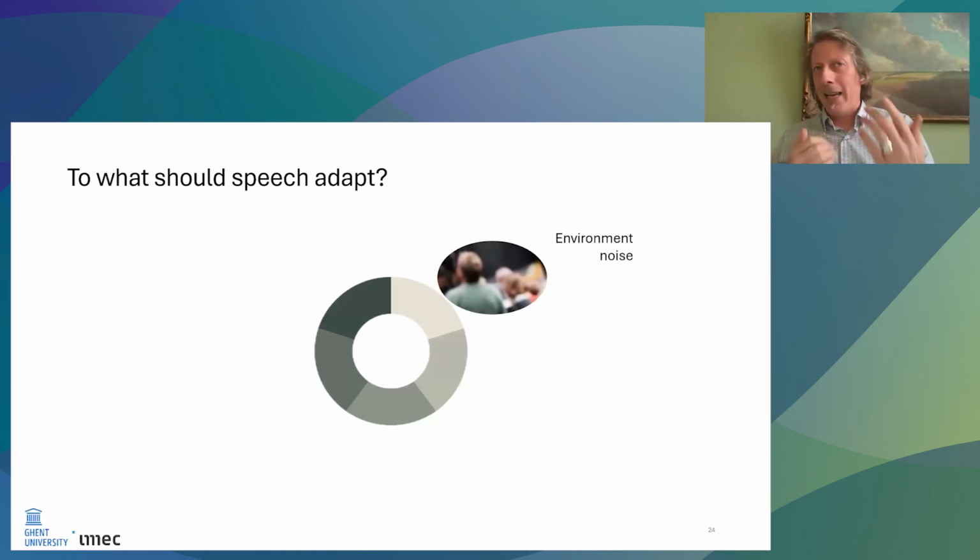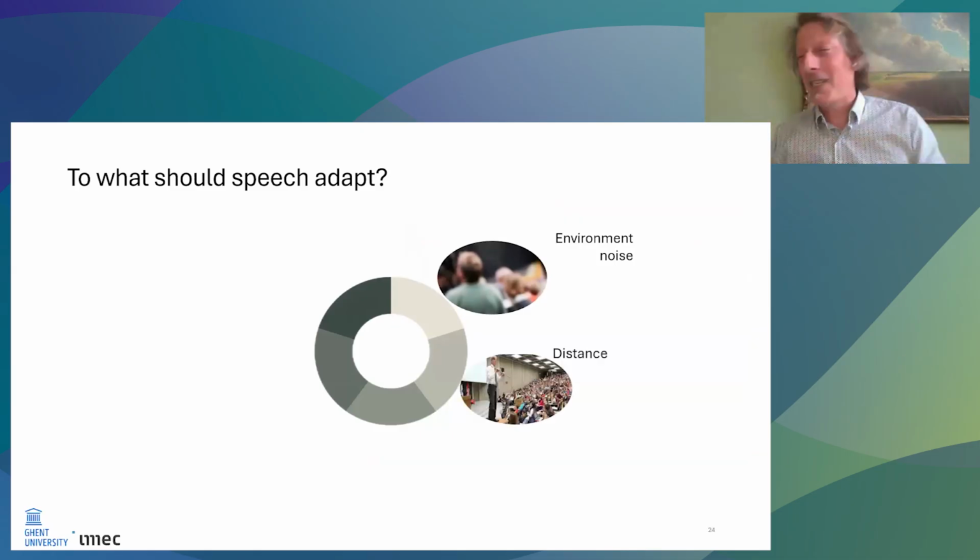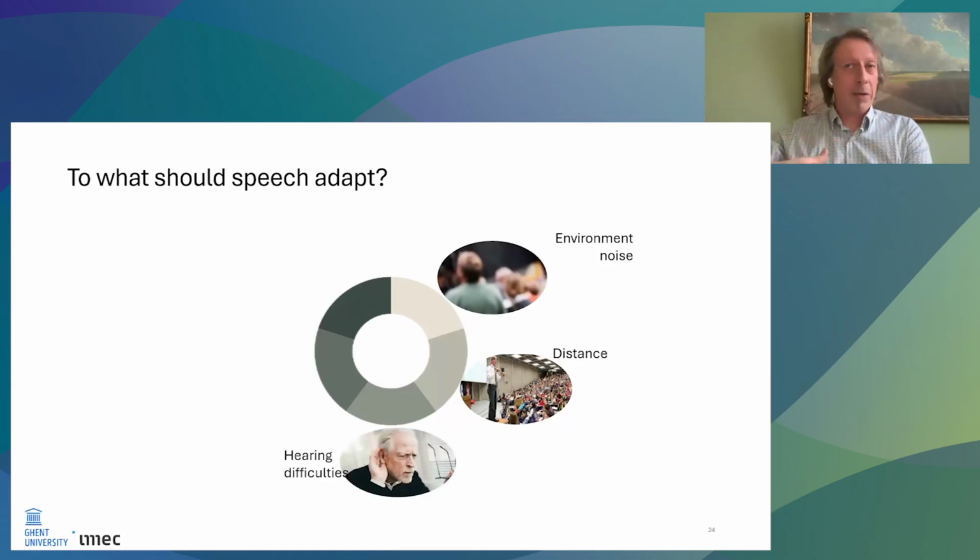Distance. If you're really close by, if I'm just whispering in your ear, I should whisper instead of shout, of course. Hearing difficulties. If you realize that people are having hearing difficulties because, for whatever reason, they might be elderly or wearing ear mufflers, you're going to speak differently.